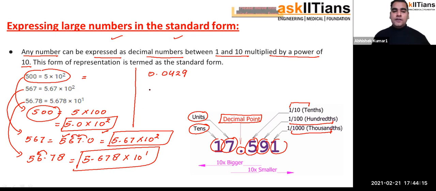So I need to move this decimal by how many places? One place and second place. If I move it by 2 places, I will get 4.29. And because the movement of the decimal has been by 2 places on the right hand side, the power of 10 must be negative. That should be 10 raised to the power minus 2. So that's the standard form here.